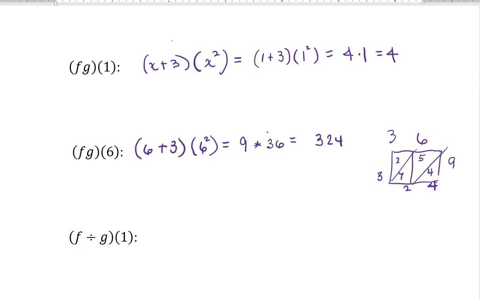All right. So in this next case, we're asked to divide. Remember, division is nothing more than a fraction. So my numerator is going to be our x plus 3 over x squared. Now we're going to replace all the x's with 1's. So I have a 1 plus 3 over 1 squared, which is going to be just a 4.